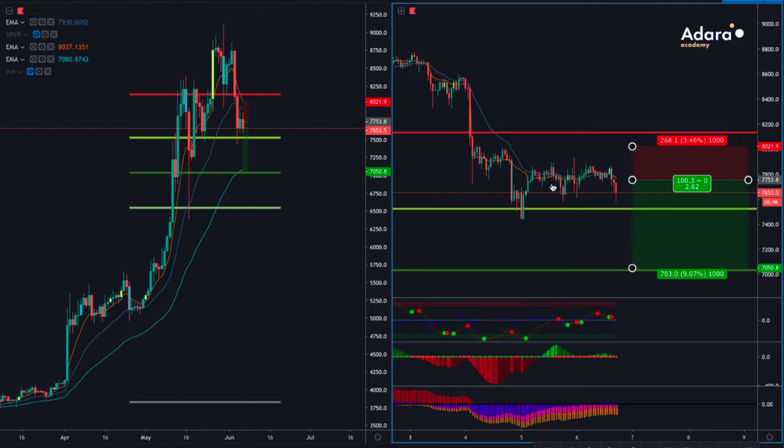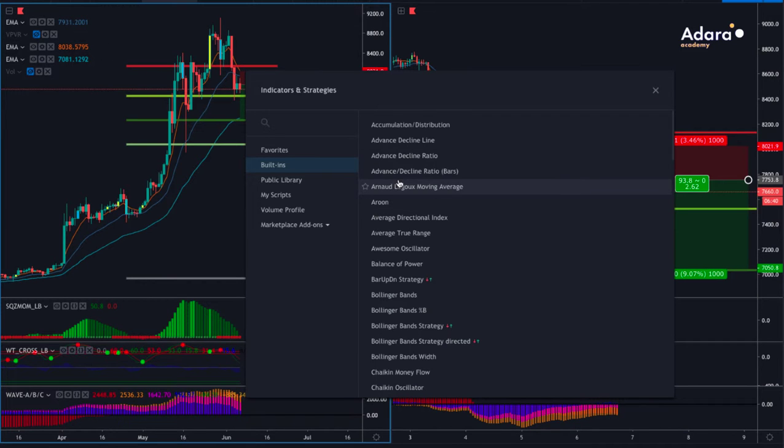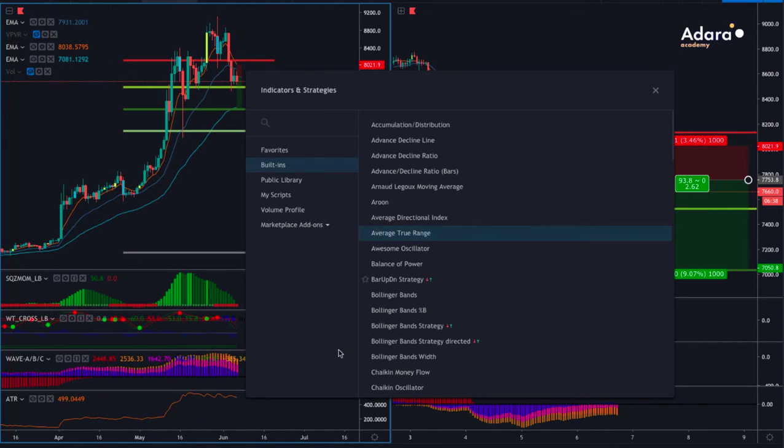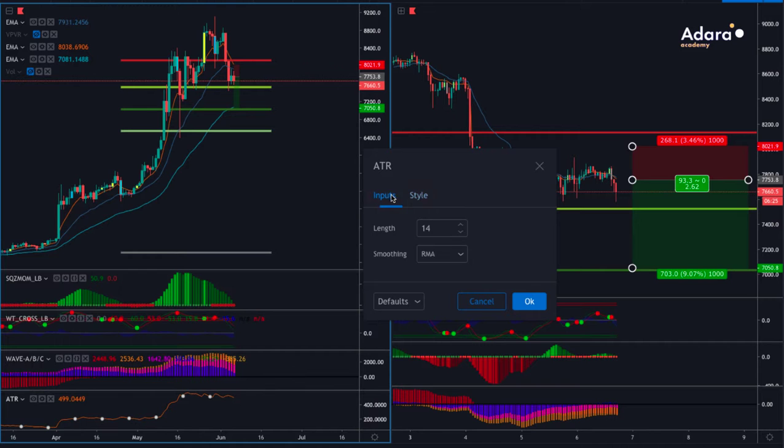So we're going to look at the ATR on the daily. The ATR is the average true range, which shows you the expected daily move, or right around the average historical moves for BTC over the previous time period. I think this ATR uses 14.